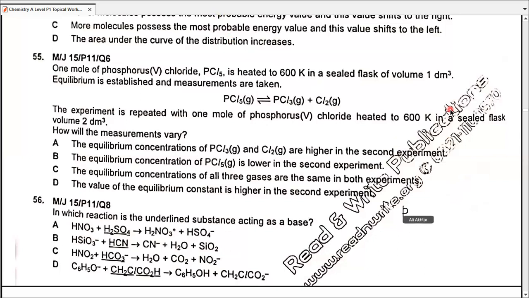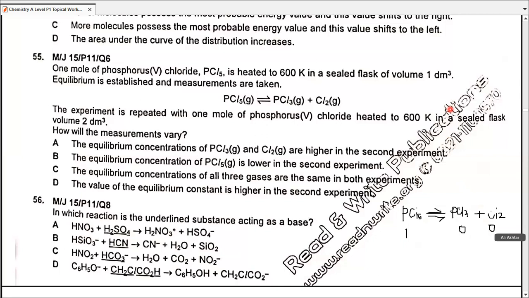So let's say this is PCl5, and this is going into PCl3 and Cl2. And they said initially there's 1 mole. So this would be 0 and this would be 0 as well.